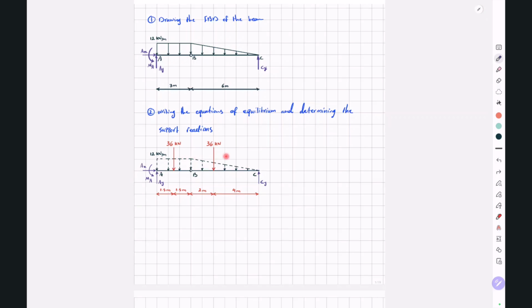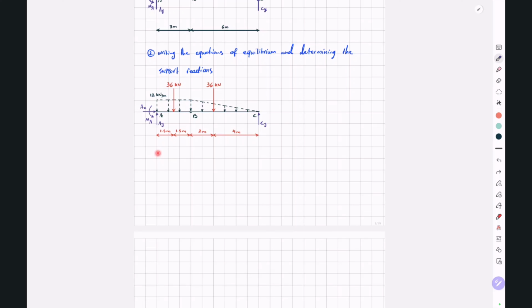And now we can write the equations of equilibrium using this free body diagram. So in the x direction, the only force we have is AX, and if we write sigma Fx equal to 0 in this direction, we have AX plus 0 is equal to 0, and this will give us an AX equal to 0.